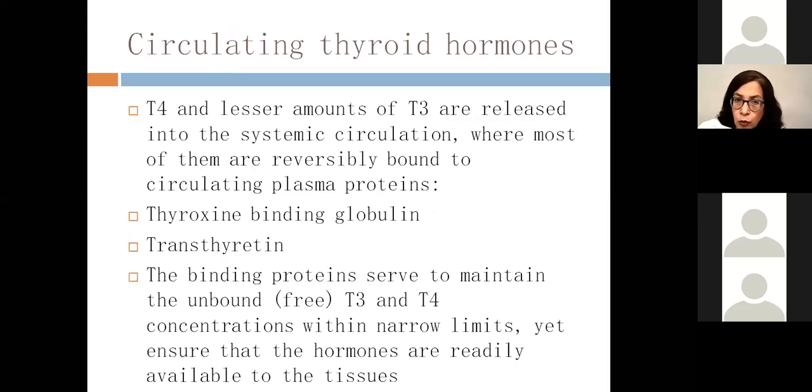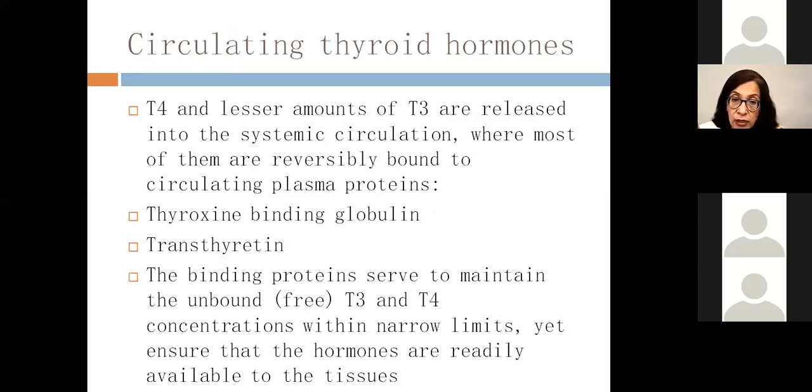Circulating thyroid hormones, T4 and lesser amounts of T3, are released into the systemic circulation, where most of them are reversibly bound to circulating plasma proteins. Now, a larger amount of T4 comes in the circulation, a smaller amount of T3 comes in the circulation, and in the circulation they are bound to the thyroxine binding globulin and transthyretin. These are the circulating proteins.